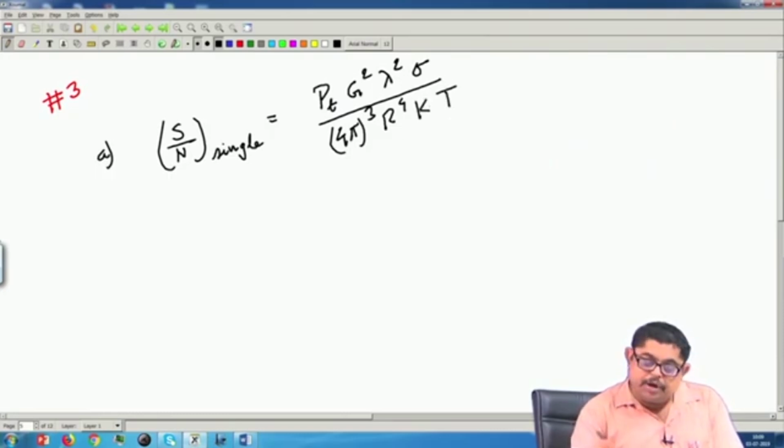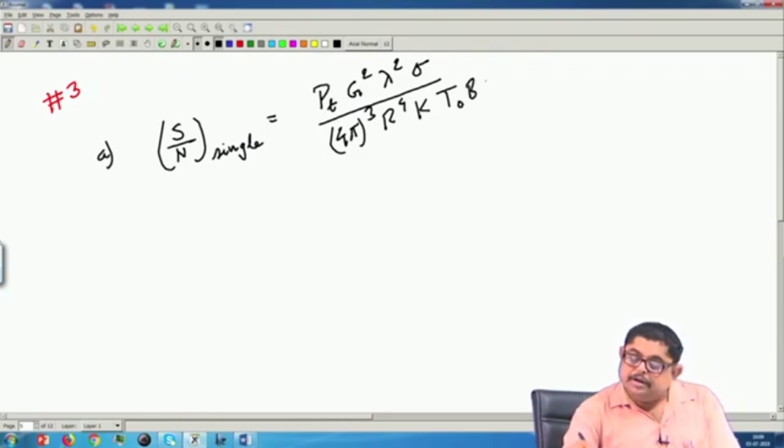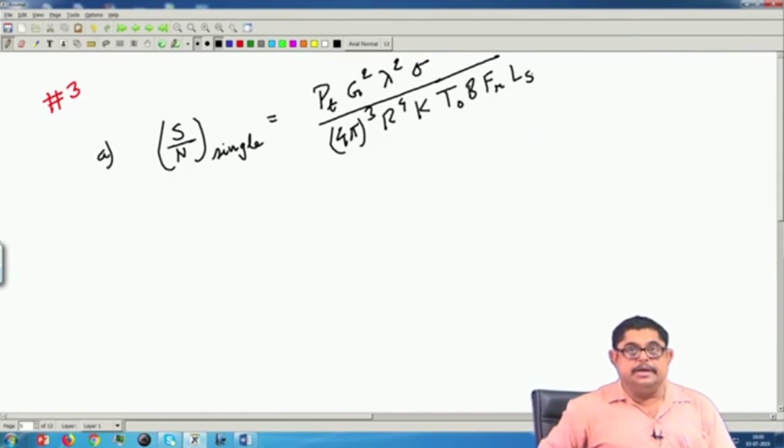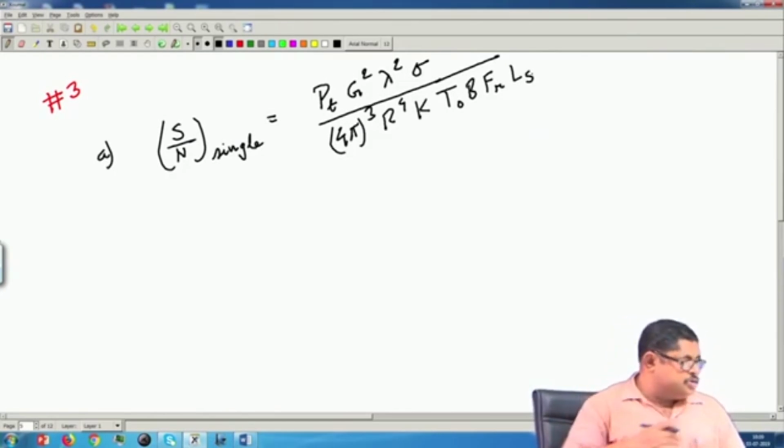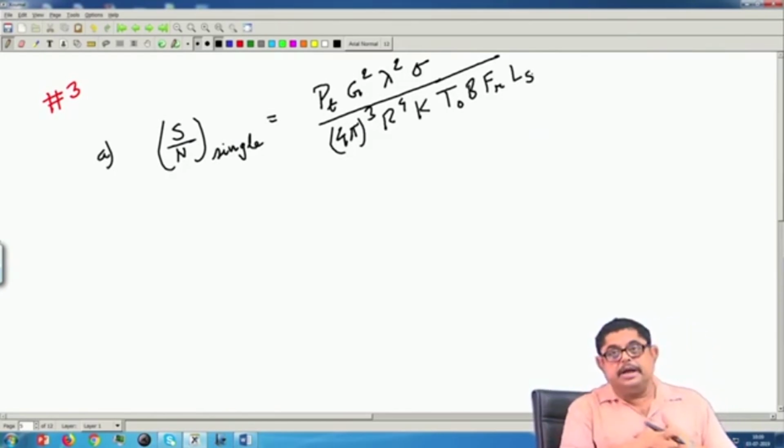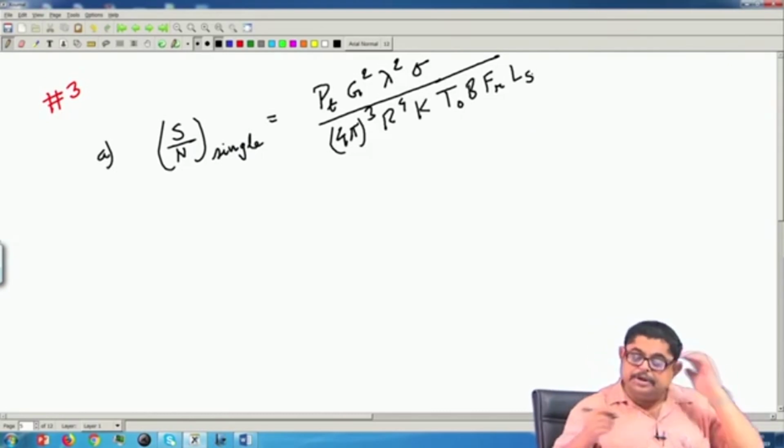This is the noise part, k T b. So, k T naught b, then you multiply with the noise figure and then any other system loss. So, this is the SNR expression for a single pulse that we have seen.